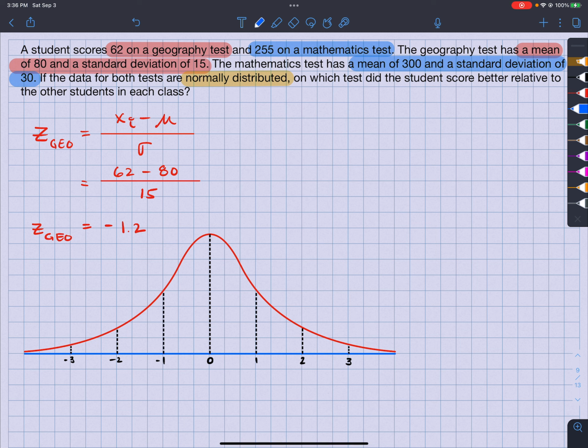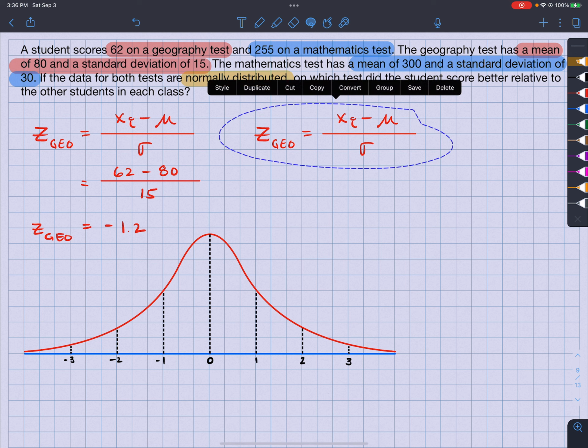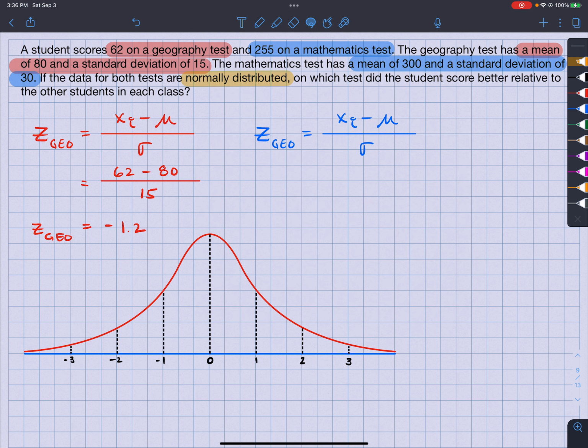So now I have to do the same thing with the math test. So number one, this has to turn blue, and this has to turn to math. Okay, so let's put those numbers in there. My score was 255. The mean was 300.